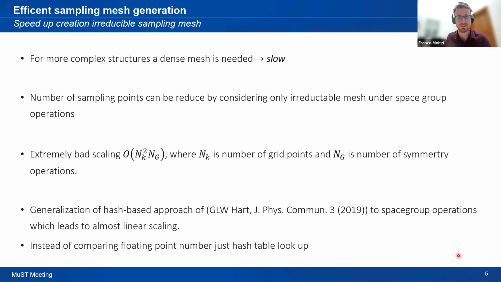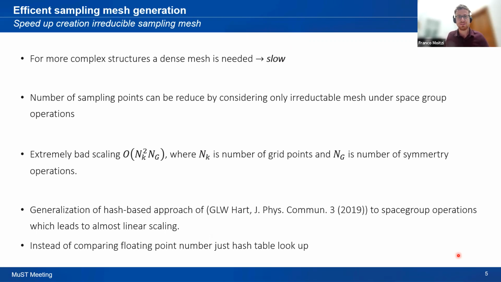However, by changing the representation of the vector from these 3 floating point numbers to integer numbers, which can be done by some transformation, one can already save some time. It's then also possible to transform these 3 integers describing the vector into a unique hash, which is specific for every grid point in this subdivided lattice.